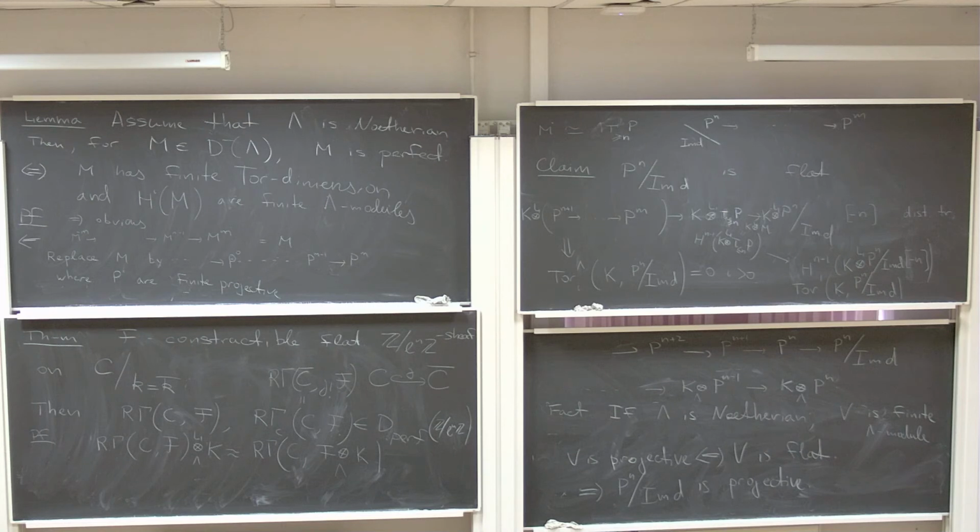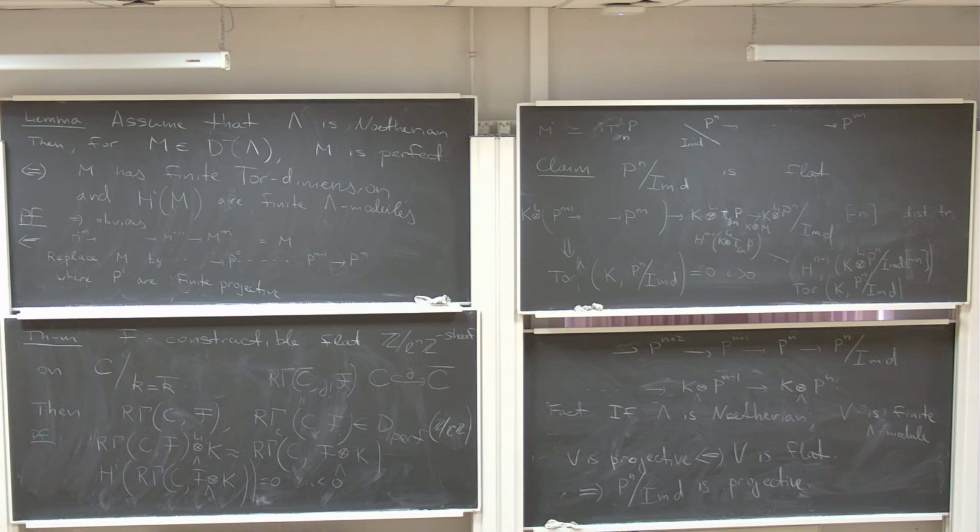So this is the universal coefficient formula, and now we know that H I of R gamma of C with coefficients in F tensor K, well, this is a sheaf, so its homology is zero when I is less than 0.